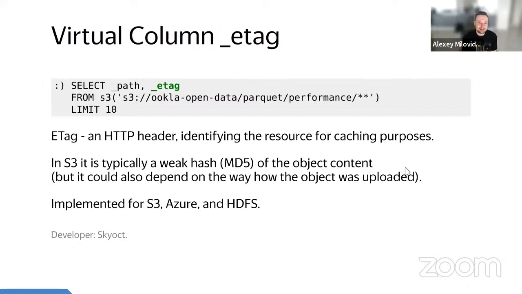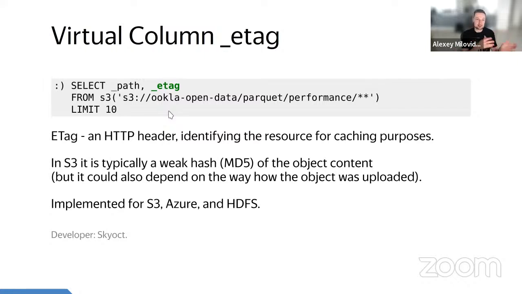Okay, another interesting feature is a new virtual column for table functions for external data processing, like the S3 table function, Azure Blob Storage, HDFS. For these functions that allow you to process external files, you can extract the ETag. What is ETag? It is an HTTP header used for caching purposes.